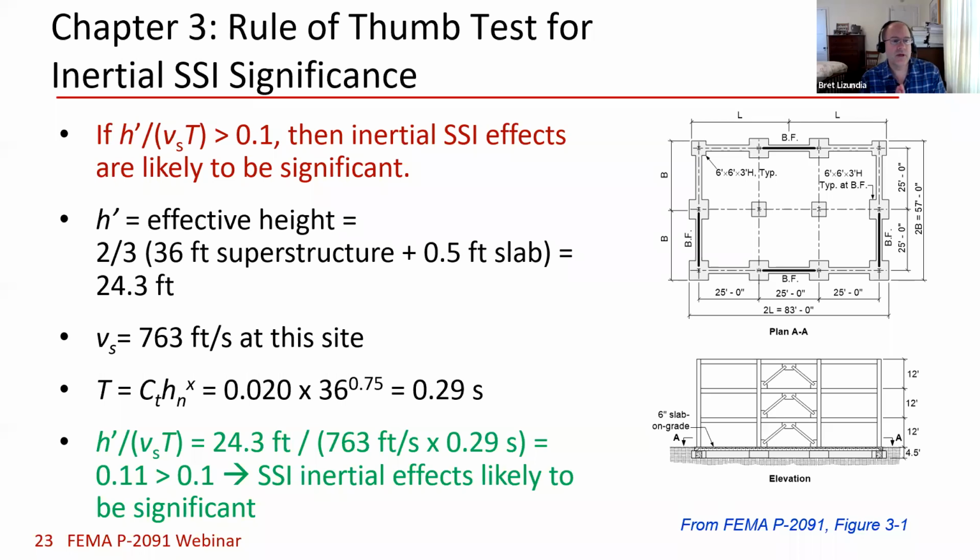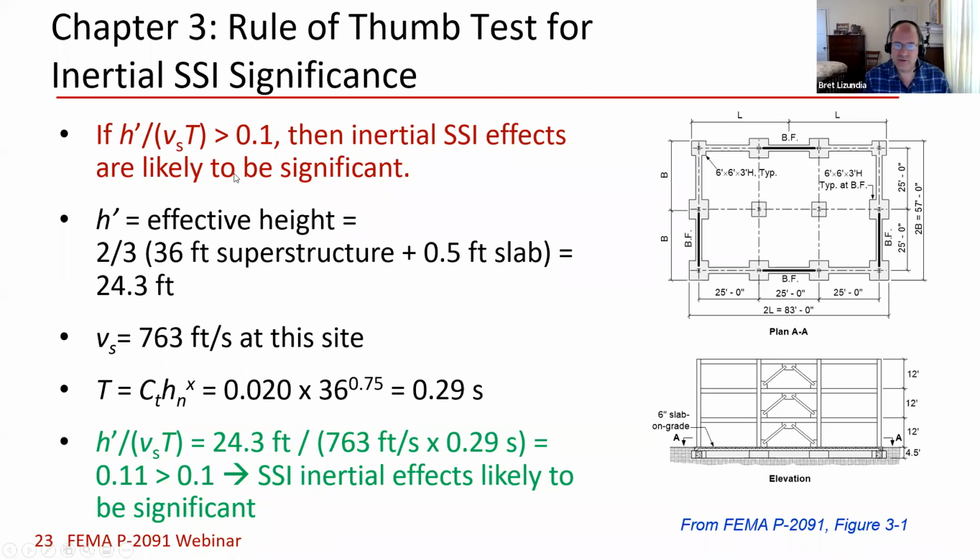So in that NIST document, this simple equation, H prime over VST, if that's bigger than the number 0.1, which was the number that we picked, then SSI effects are likely to be significant, and you probably want to think about doing them. There may be some money to be saved, for example. So how do you figure out what these terms are?